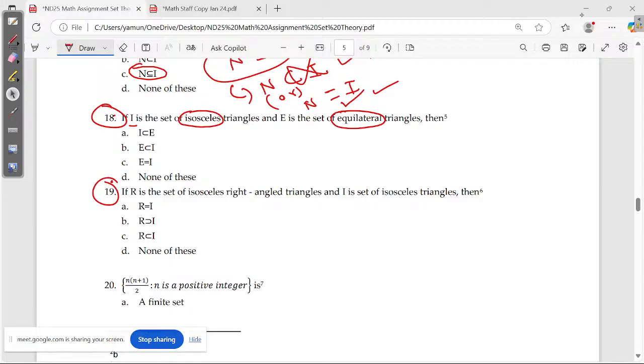I is a set of isosceles triangles, E is a set of equilateral triangles. Equilateral has a stronger condition. Whenever the condition is stronger, the set will be smaller. So what's the answer here? B: I contains E, or E is contained in I.